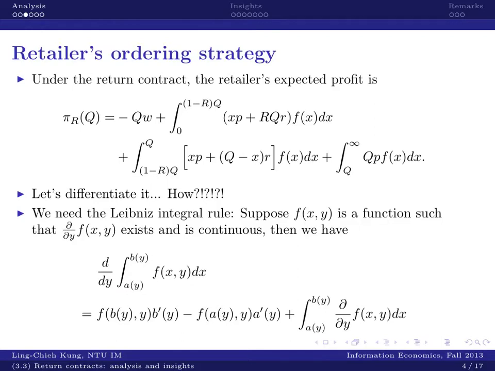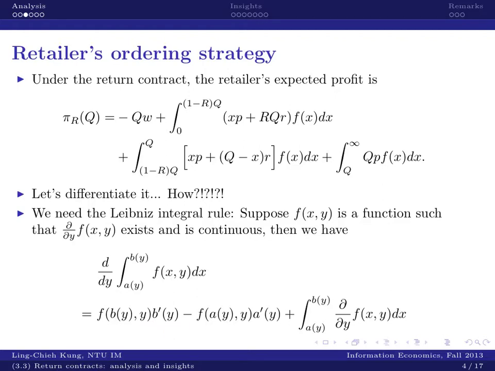The first part is that you need to plug your upper bound into your integral. And after you do this plug-in, you just need to take the upper bound and differentiate it with respect to y. This is some kind of chain rule.